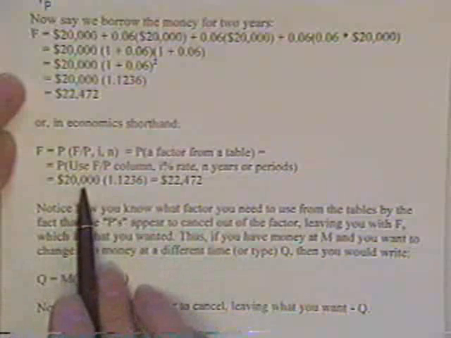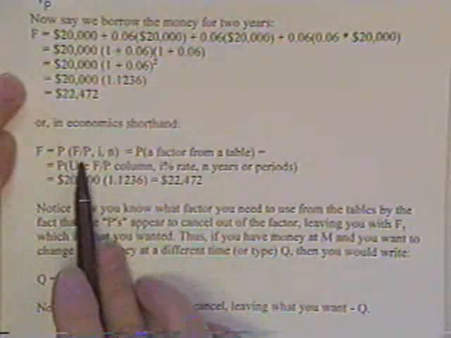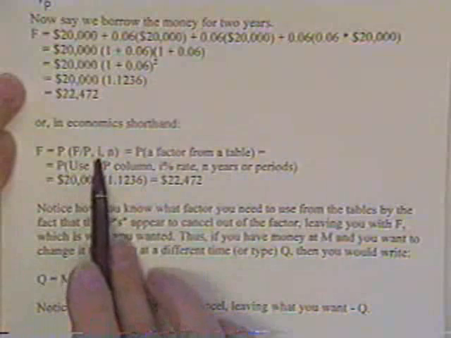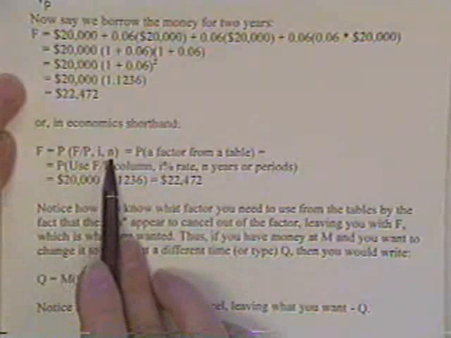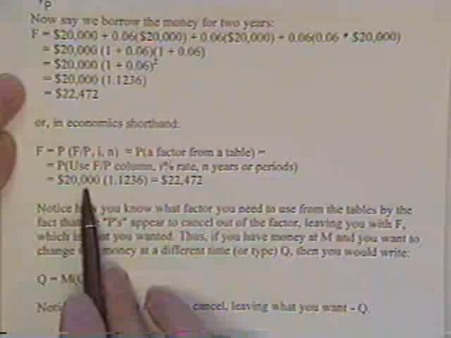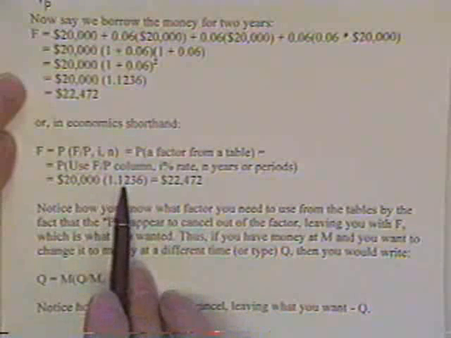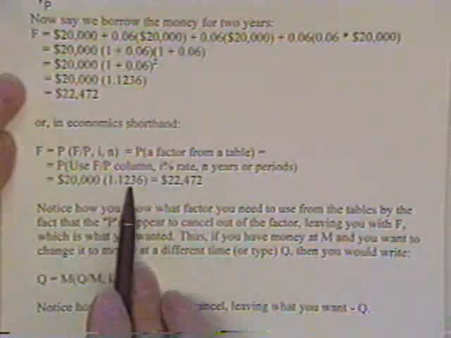In that case, if you look up the F over P column at 6%, and then look on the N equals 2 row, you get the factor for $20,000. You can check this number in your reference manual. It's 1.1236.